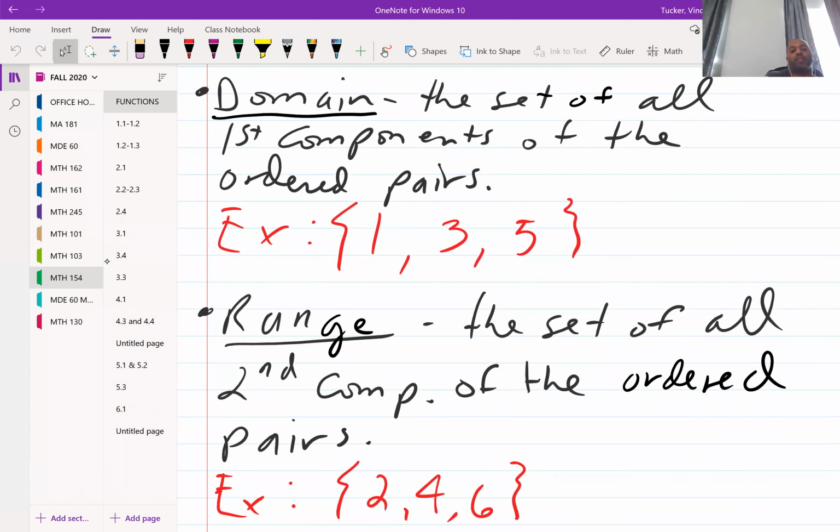Your range is the set of second components of the ordered pairs. So we're looking at 2, 4, and 6.